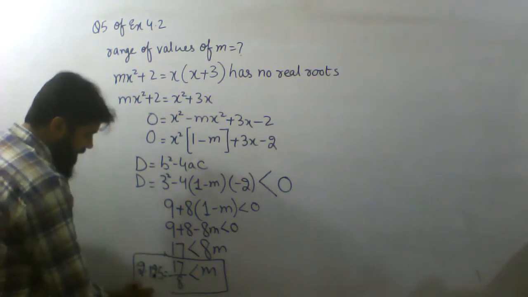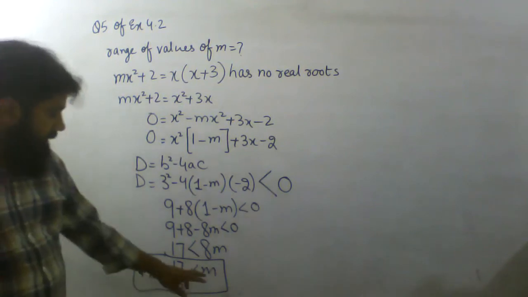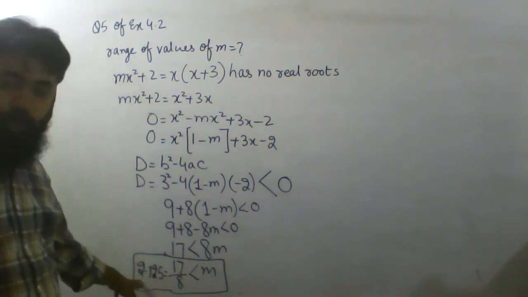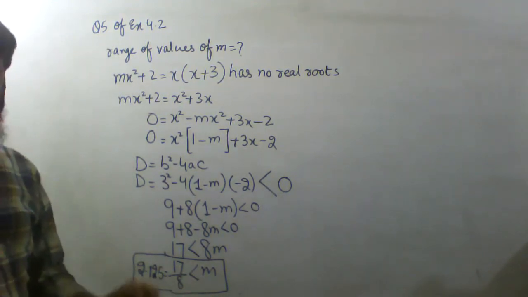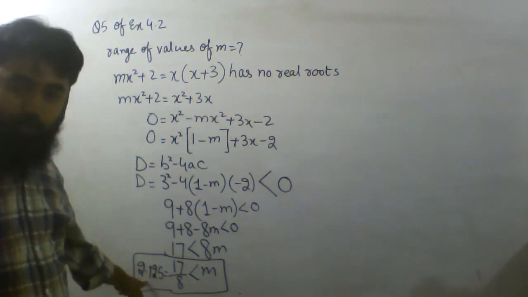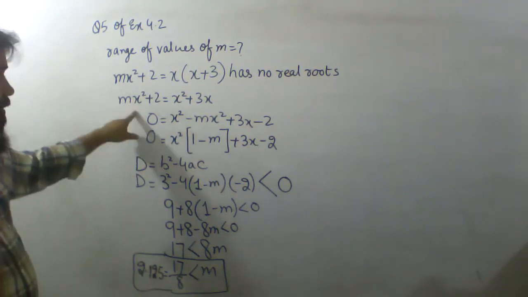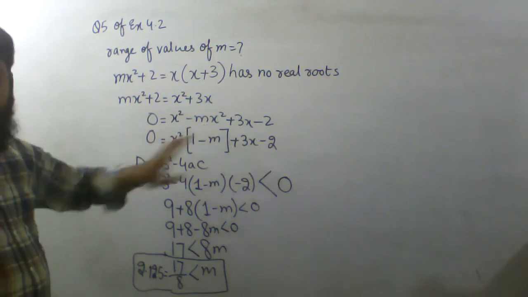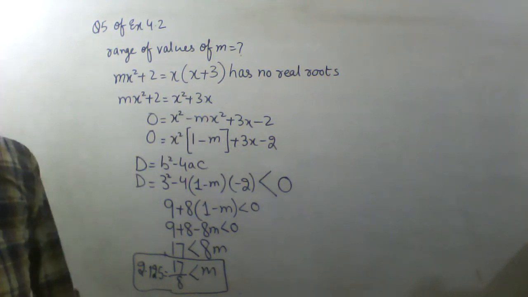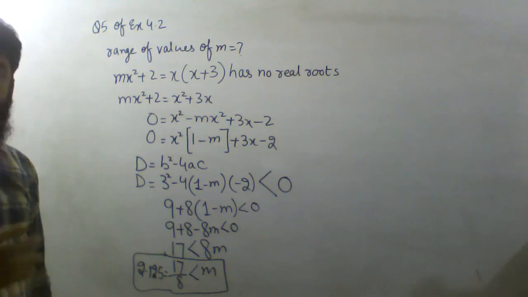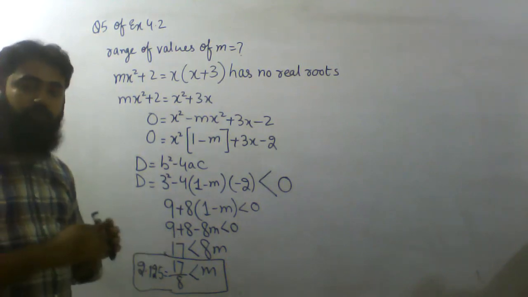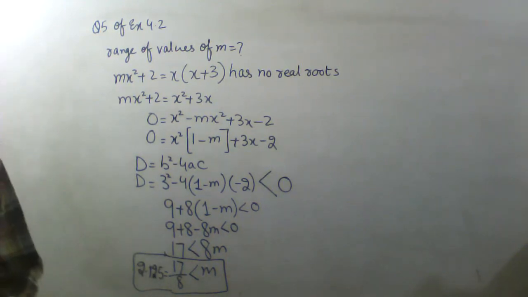Right? So they are saying m is greater than 2.125. So any value of m which is greater than 2.125, we will plot it over here or over here and simplify the whole thing. Your equation will have no real root. We will not be able to get the value of x. That's the whole concept over here.